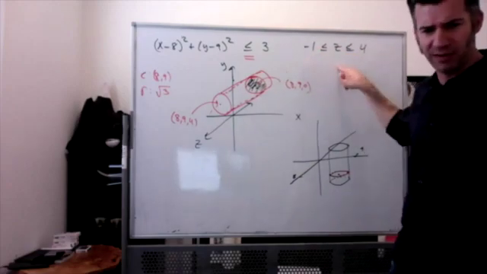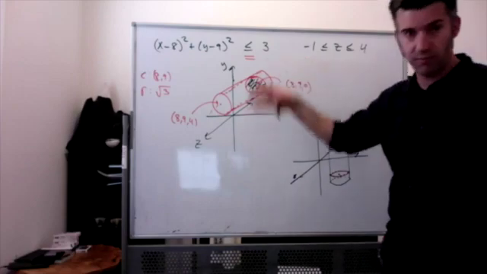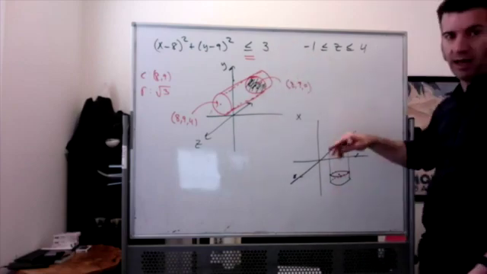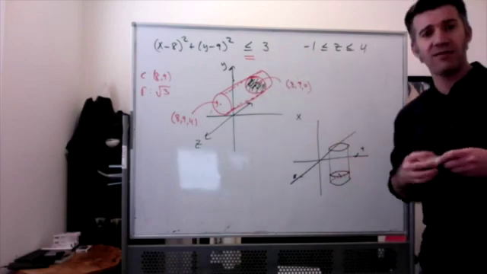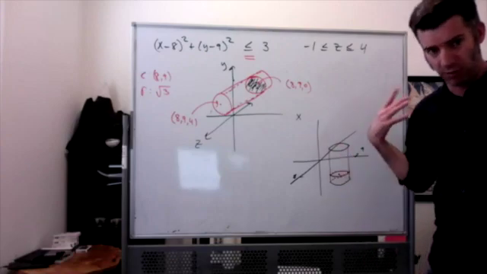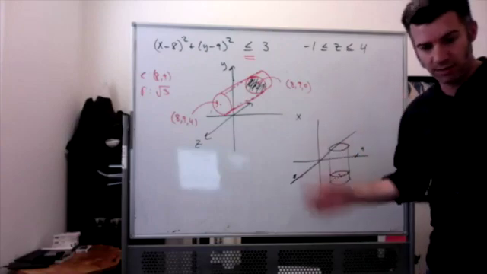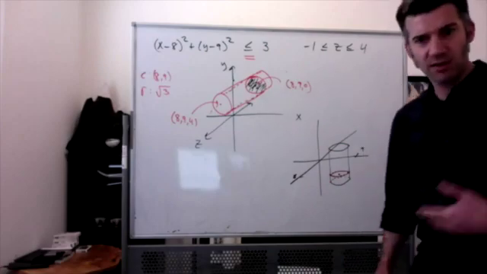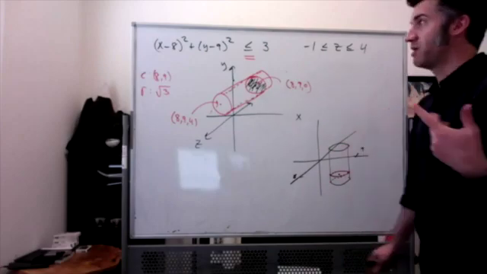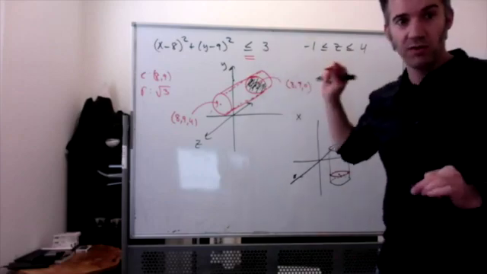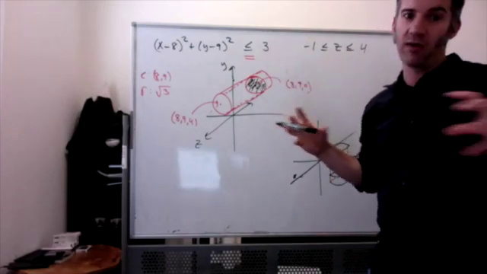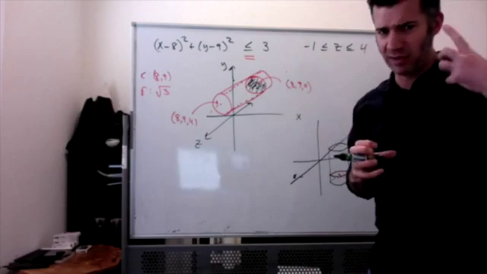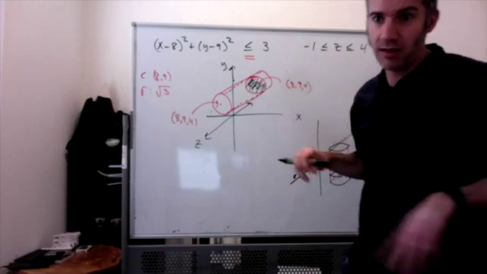So instead of the cylinder being empty, it's full of water, and all of the water is what we want, including the boundary. Hopefully that's clear. Typically when you have something less than or equal to or greater than or equal to, you're describing all of the stuff, usually inside, because inside usually makes more sense, but sometimes it's all just outside.